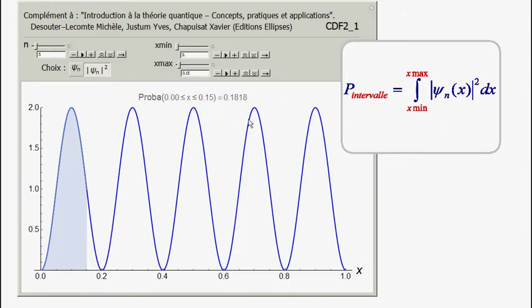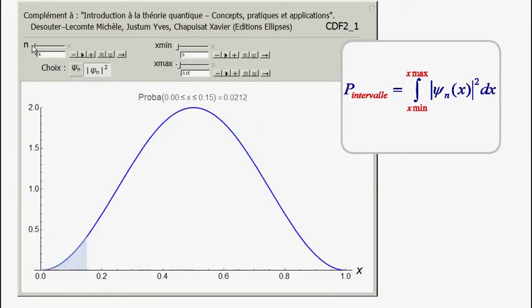The result is given above the graph. For instance, for the ground state with n equals 1, the probability of localizing the particle in this small interval with a width of 0.1 is given by this gray area.